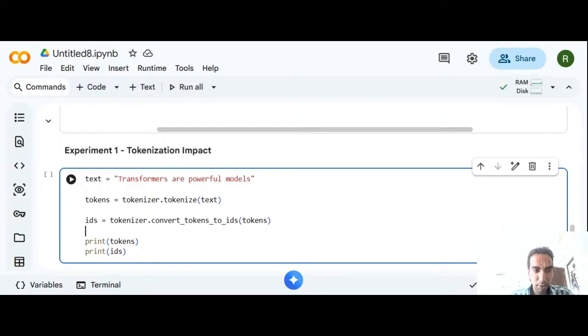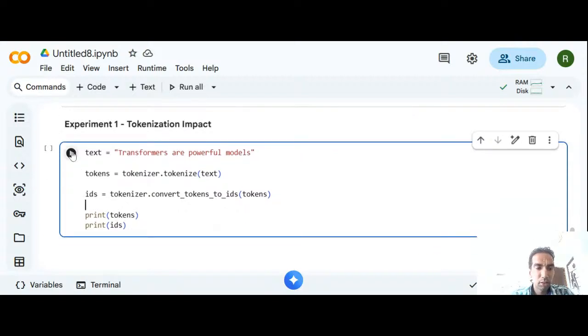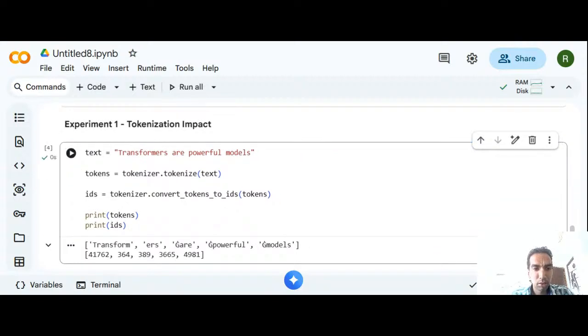How many tokens will be generated in character tokenization? Can you answer? How many of you remember what was character tokenization?